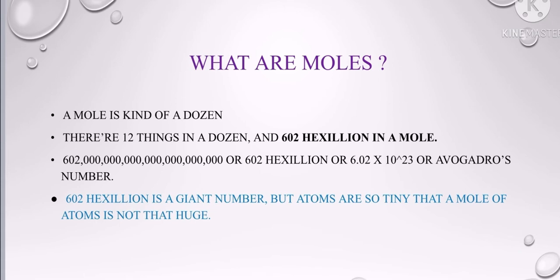602 hexillion is a gigantic number, but atoms are so tiny that a mole of them is not going to be that huge. For example, 602 hexillion jelly beans is going to be really huge, but a mole of an atom is not, as you will understand a few moments later.